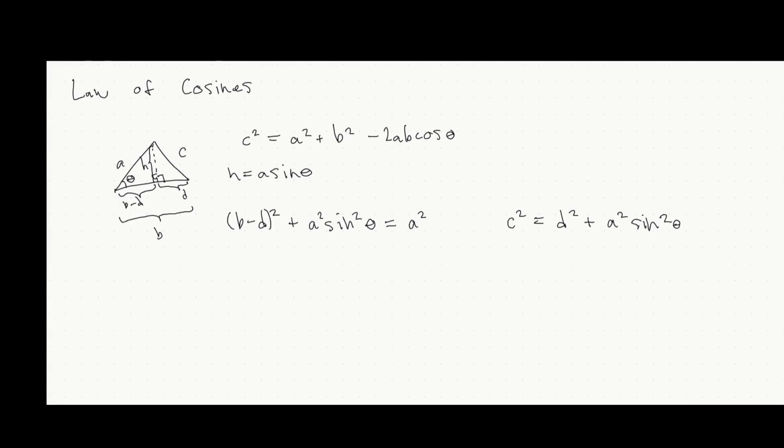So let's find what d is from the first equation. Instead of expanding this, we're going to solve for d first, because if we expand this, we're going to get two terms for d, and we want to have only one. So if we solve for b minus d squared first, it's going to be a squared minus a squared sine squared theta, which we can factor out a squared.